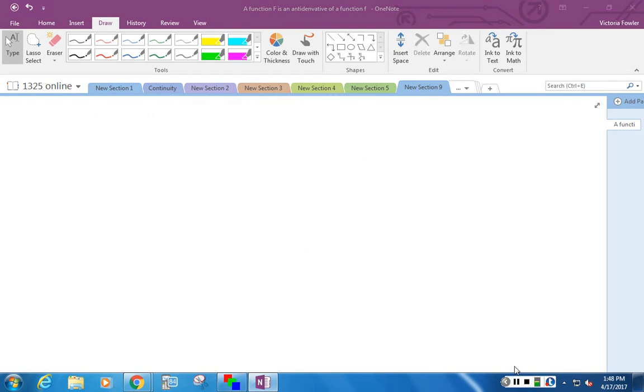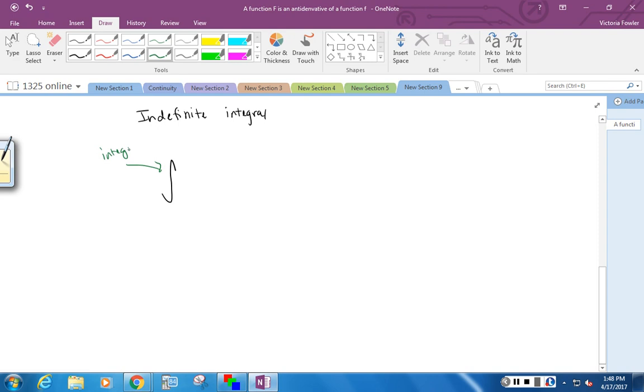Okay, so now we have an idea of the definition of an antiderivative. Let's just get some notation down. What I'm going to introduce to you now is called the indefinite integral. We use this symbol to denote that we're going to find the antiderivative.